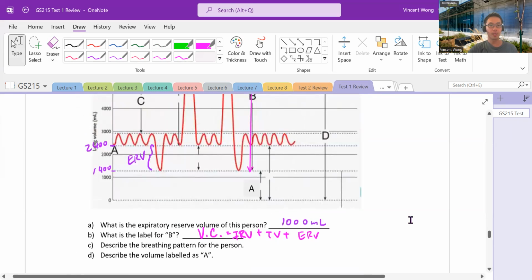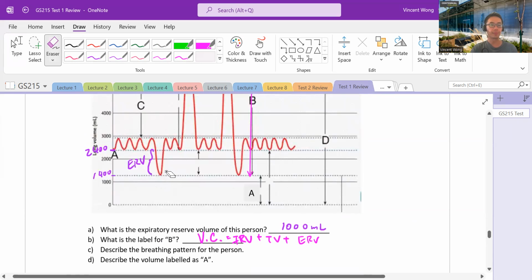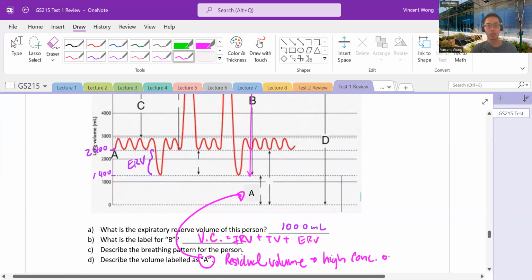Describe the volume labeled as A. Oh, this A I'm talking about, not that A, sorry. This A. So that is the residual volume. Okay, we talked about what the residual volume is. It has a very high concentration of carbon dioxide, right?